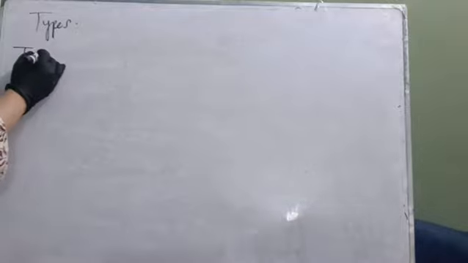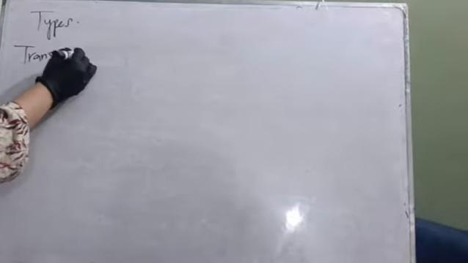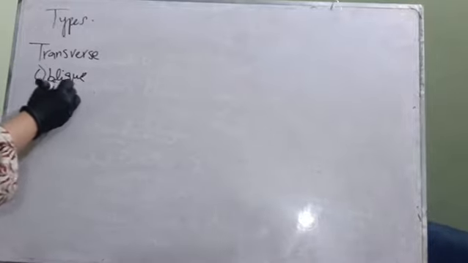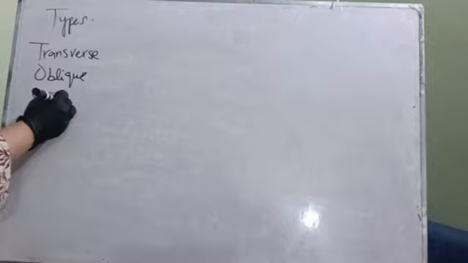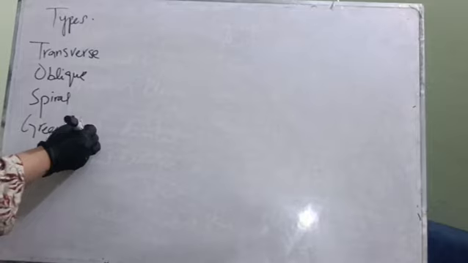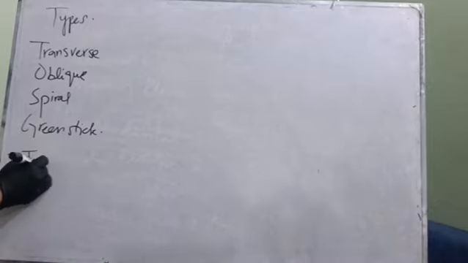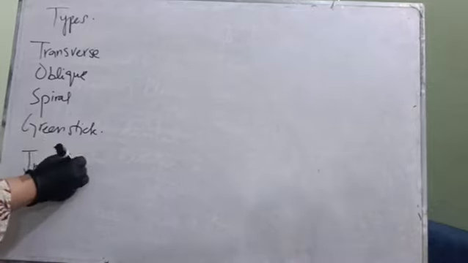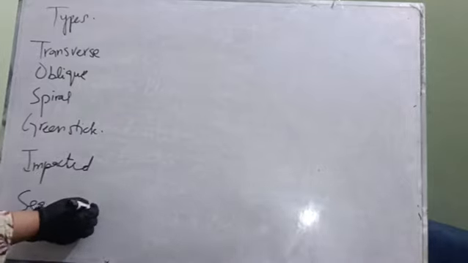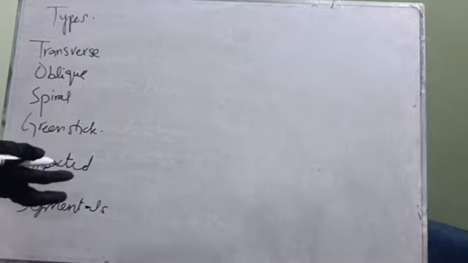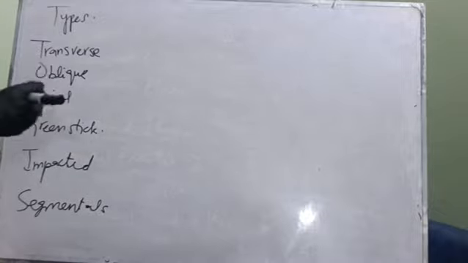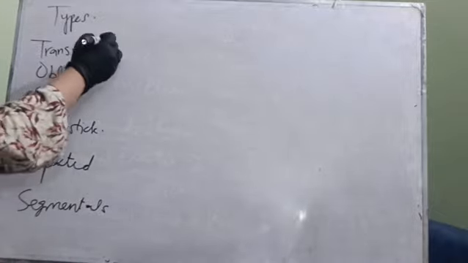Number 1 is transverse fracture, oblique fracture, spiral fracture, green stick fracture, impacted fracture, and segmental fracture. There are many more types such as avulsion, stress, pathological, compression, epiphyseal, impacted, comminuted, open, closed, but we will learn about only 6.